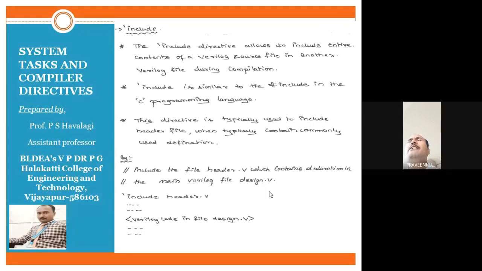If you want to include those in your code, we include them with the help of this compiler directive, tick mark include. Any new things you want to include in your program, at that time we will use this compiler directive. Okay, so this is about compiler directives.